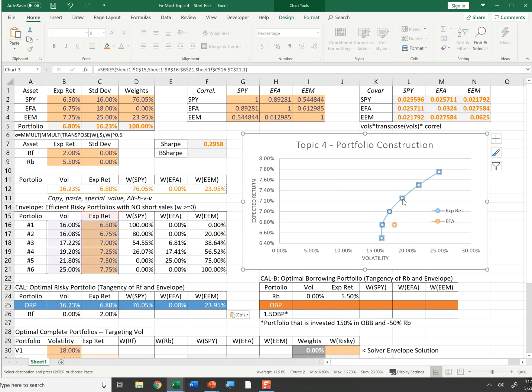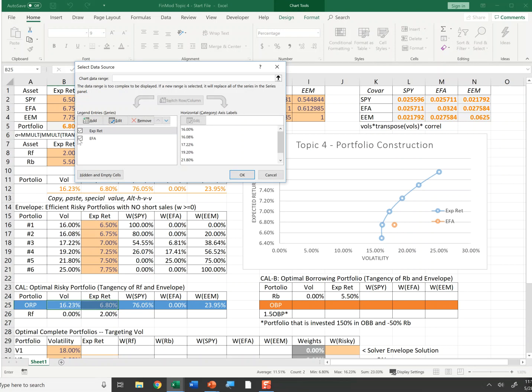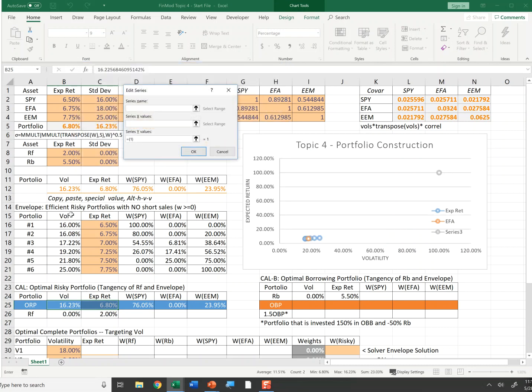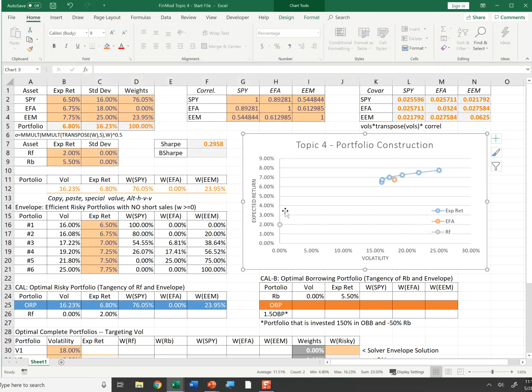I'll select my data, right-click, select data, and add RF as a name with a volatility of 0 and an expected return of 2. All right, so notice there is my RF.